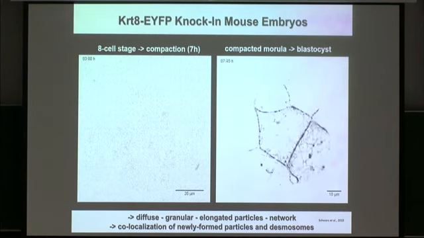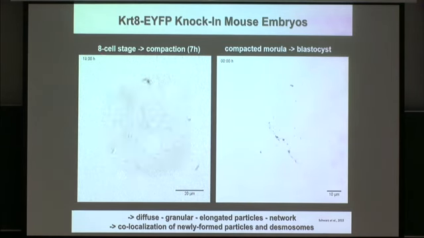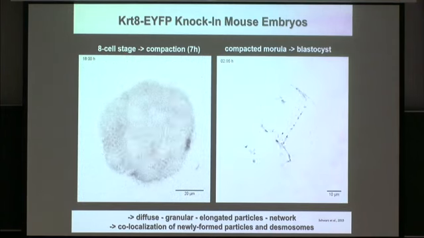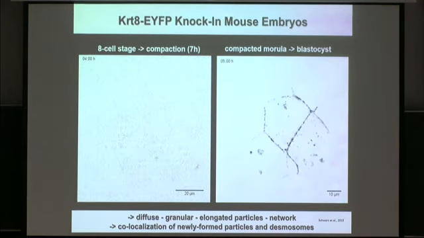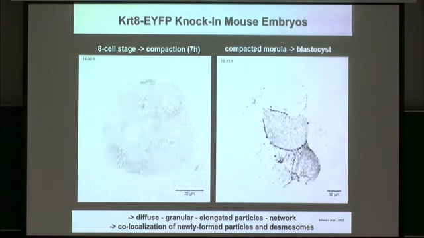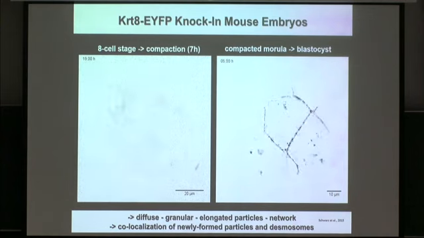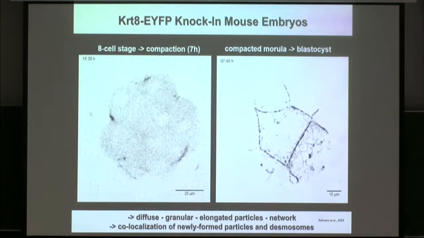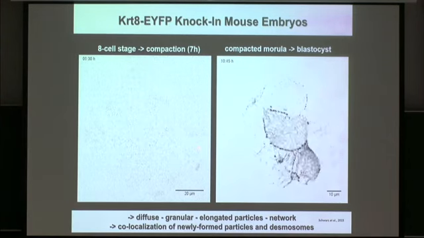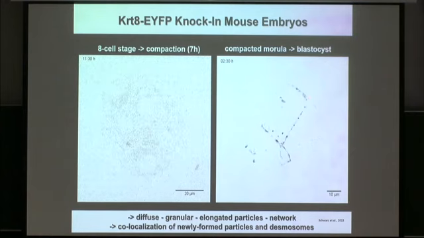So what you're witnessing here in this case, in this time-lapse series of an 8-cell embryo, you see the birth, the de novo formation of keratins in this system here, and you see first this diffuse fluorescence, biosynthetic material, probably, we don't know this, but we can check this now, tetramers, which will then sort of accumulate at cell-cell junctions, forming these more or less punctate petals.